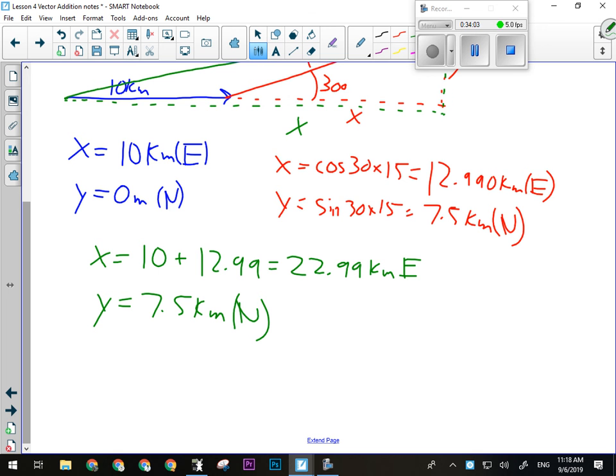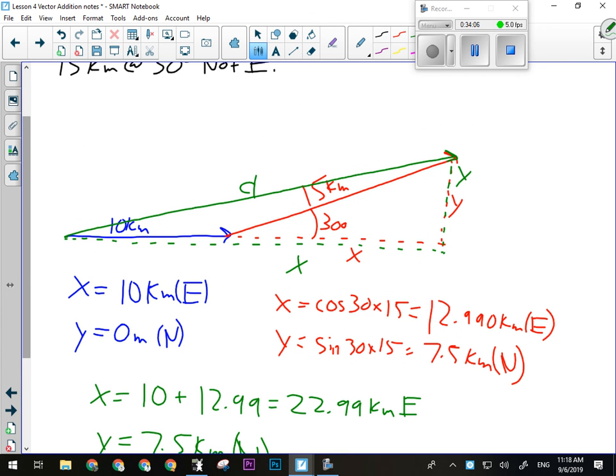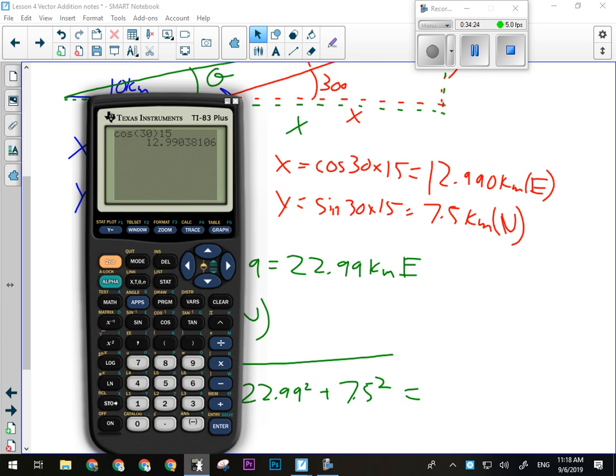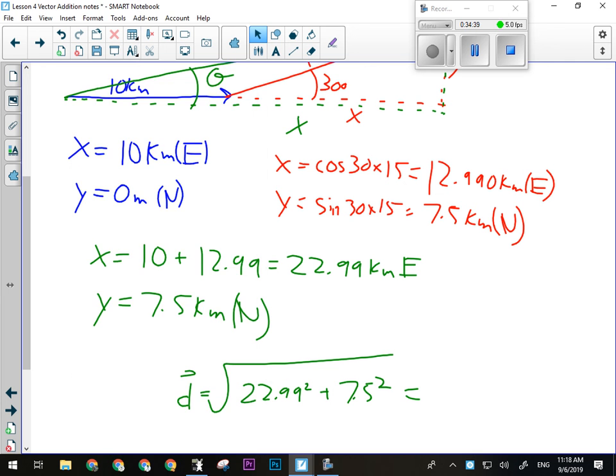Now that I've got those two sides, can I find out what my total displacement, magnitude, and direction are? Yes. Same steps as before. I'm going to find the magnitude of the displacement using Pythagorean theorem: 22.99 squared plus 7.5 squared. So we got 24.2 kilometers as the magnitude of that vector.